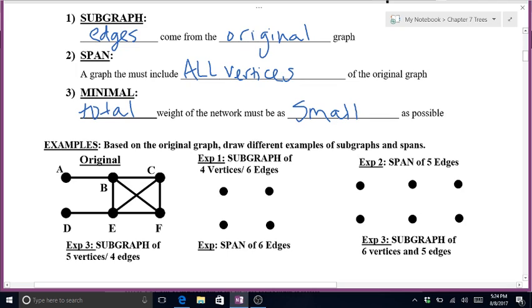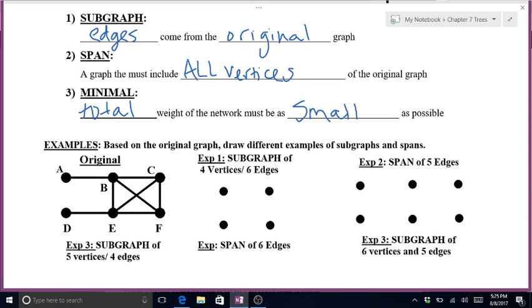So your original graph is on the left here. We have 6 vertices, A, B, C, D, E, and F. And we've got 1, 2, 3, 4, 5, 6, 7, 8 edges, it looks like. Okay, so example number 1 says we want a subgraph that has 4 vertices and 6 edges.